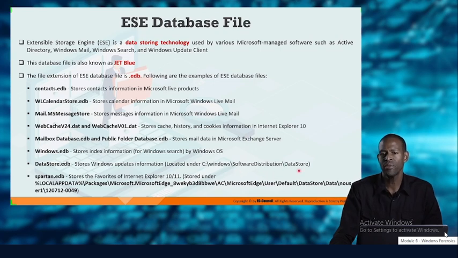And then we have Spartan EDB, where we find not just stuff for Windows 10, but Explorer 10 and 11. And this is going to be all of the favorites, and that's going to be under local data packages, Microsoft, etc., etc. We go all the way down here to data stored data, and we have a unique number for those favorites.